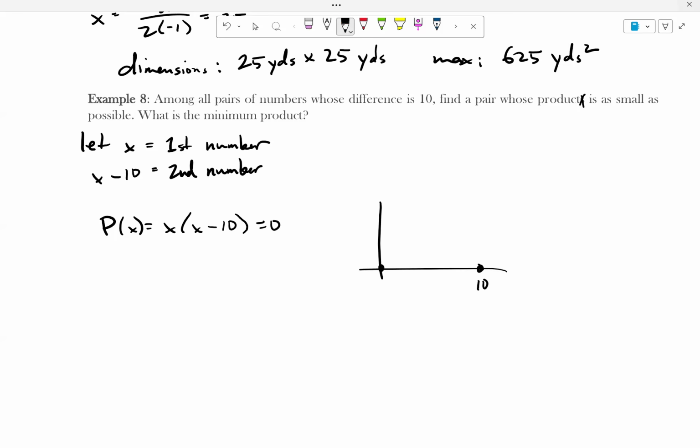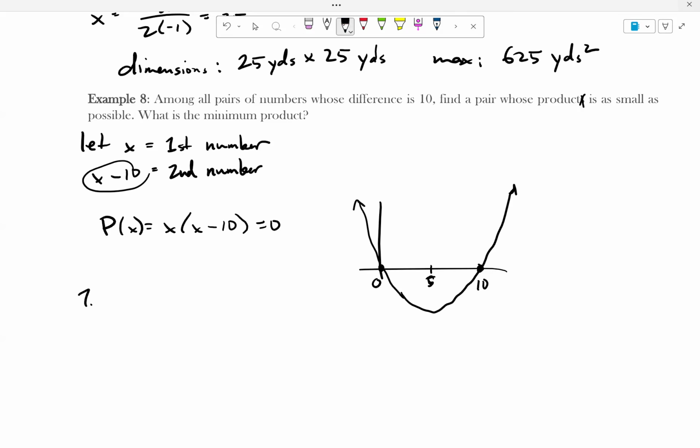And remember, this is opening upwards, so it looks something like this. And that x value is right in between 0 and 10. Do you know what that value is? Don't use a calculator. It's 5. x is equal to 5. And if x is equal to 5, then that second number, x minus 10, is negative 5.